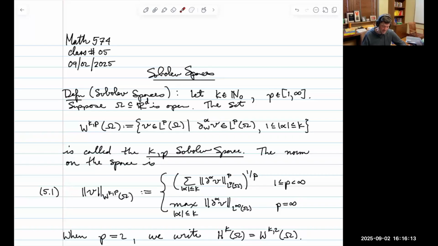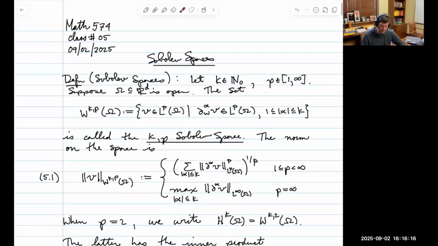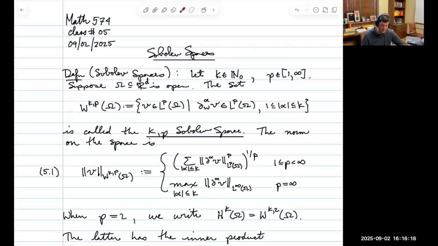The norms on these spaces depend on whether we're using the P spaces for P between 1 and infinity, not inclusive of infinity, or if we're interested in the P equals infinity case. So these guys, where P is between 1 and infinity, are based on the integral norms for the LP spaces. And the norm for this space is defined in this way.